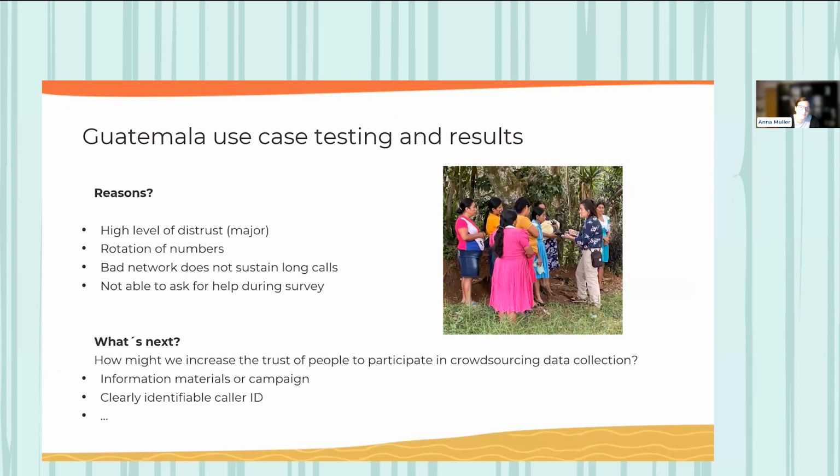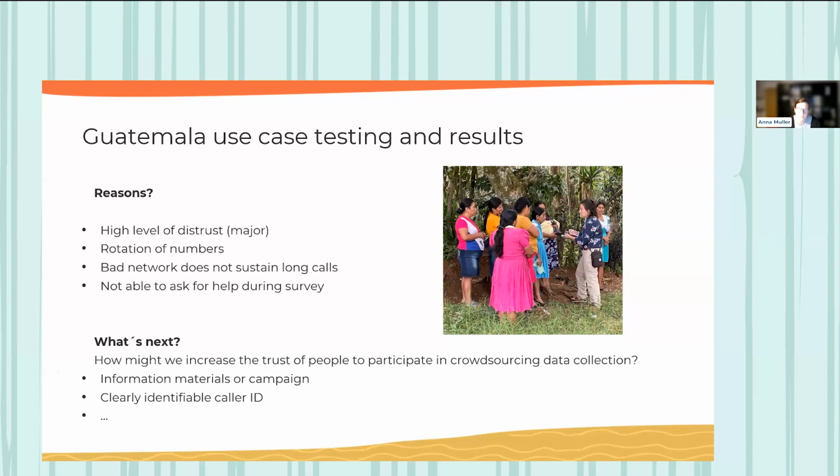One of the major issues was a very high level of distrust. Guatemala, as a context, has a relatively high incidence of violence, of daily crime, but also gang crime, and a significant part is happening over digital channels.